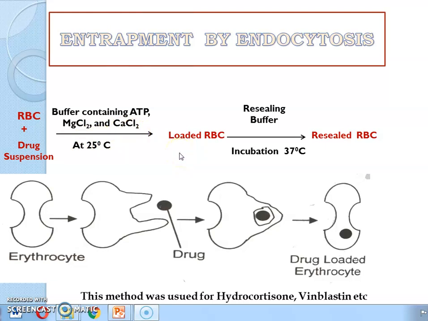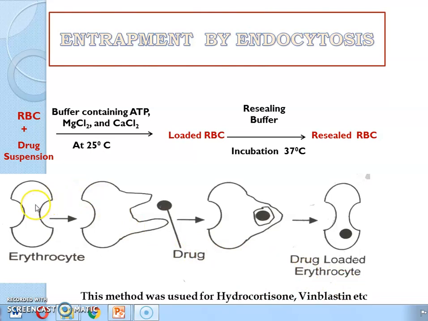Then these drug loaded RBCs are again placed into the resealing buffer and incubated at 37 degrees Celsius, where the RBCs are resealed and then washed and stored at a particular temperature. This type of method can generally be used for the entrapment of hydrocortisone and vinblastine into the erythrocytes.